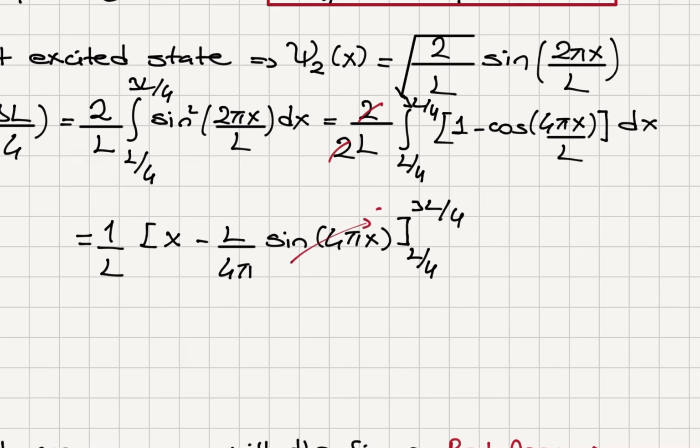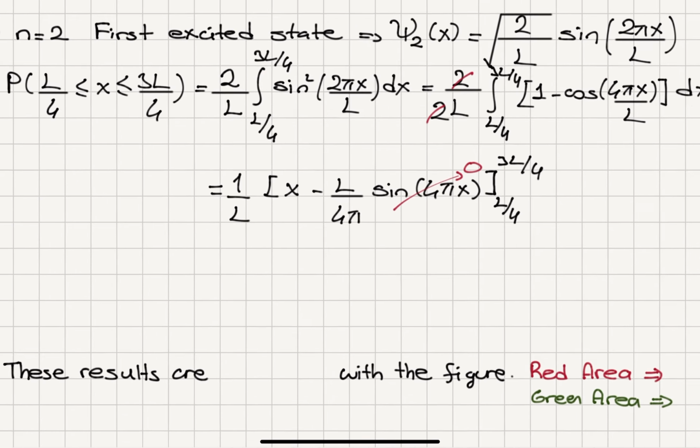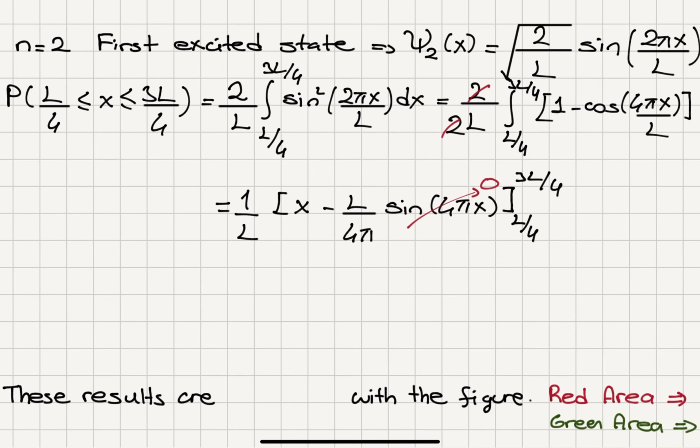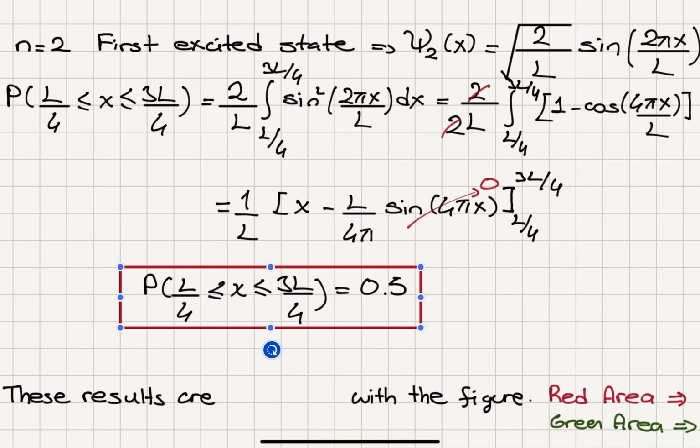So this is going to give me 0. Therefore, I will find the probability for x between capital L over 4 and 3 capital L over 4 to be equal to, with no contribution from this side, L over 2 multiplied by 1 over L. So that's going to be 0.5. The answer is 1 over 2.